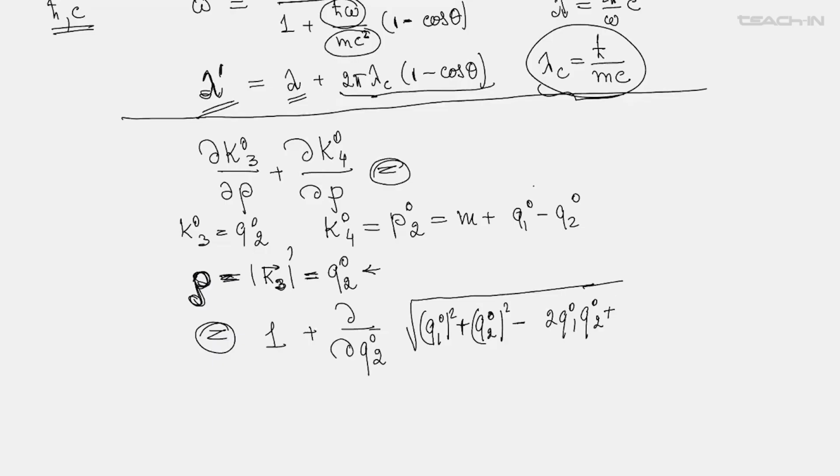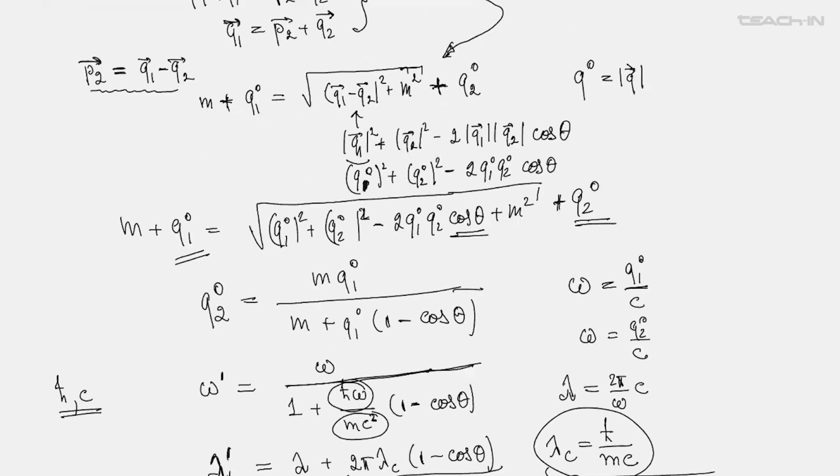Because this expression just follows from here: M plus Q10 minus Q20 is this square root, according to the conservation law.